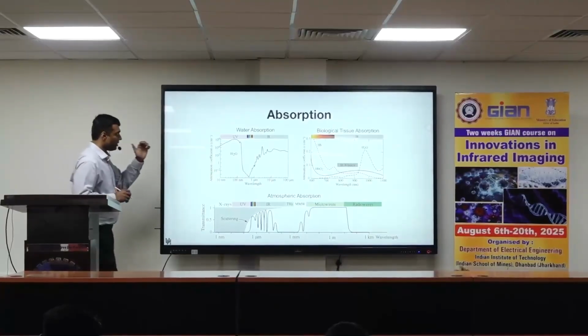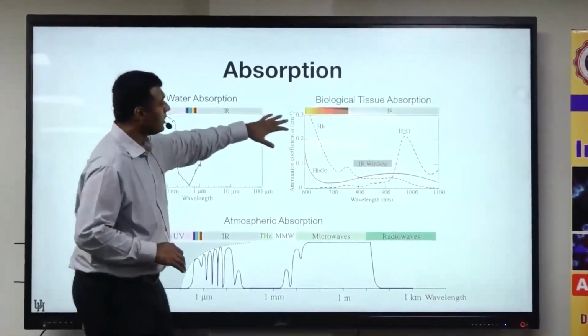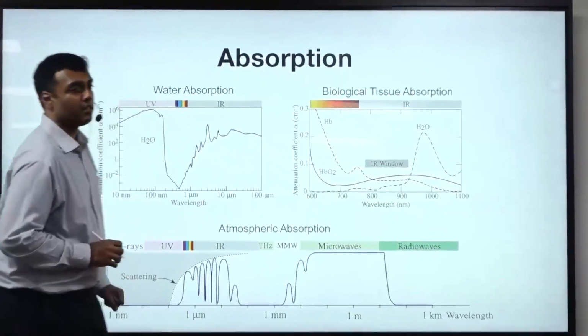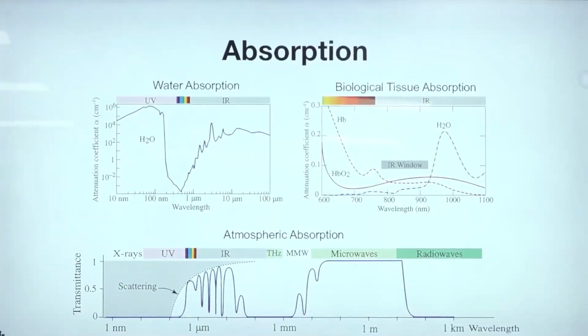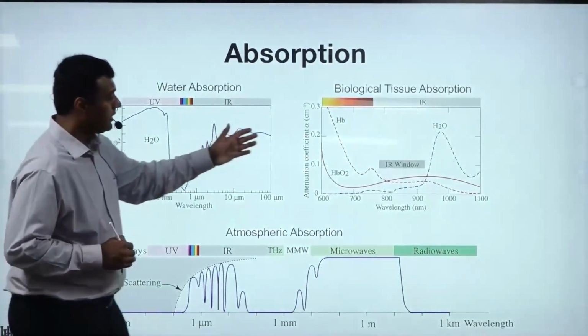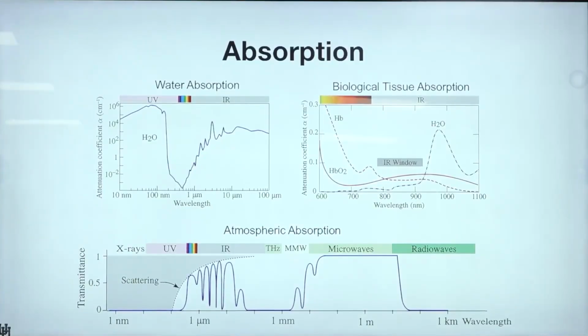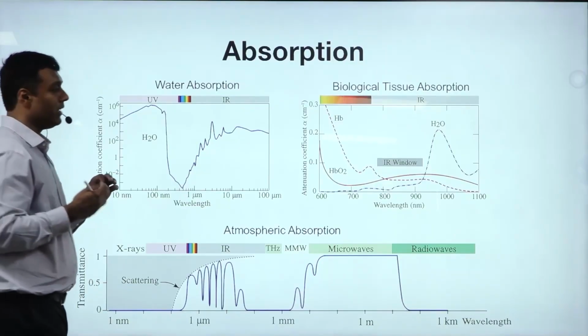It turns out that especially for biological tissue, the profile of absorption is quite crucial. For example, there are optical methods which use the fact that absorption of light is different at different wavelengths.